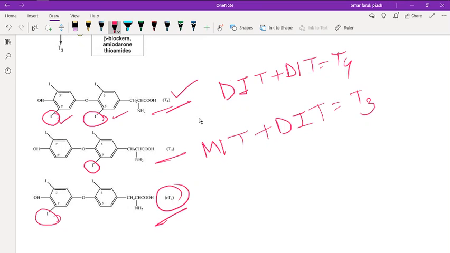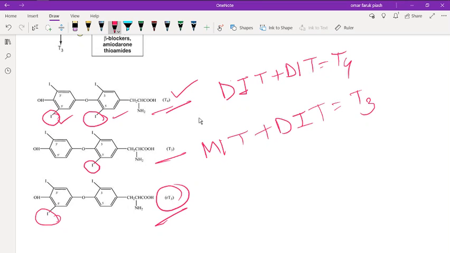Why these active T3 and reverse T3? Because there are some organs which need more thyroid hormone and some organs which need less thyroid hormone. That's why some organs make active T3 and some organs make reverse T3.